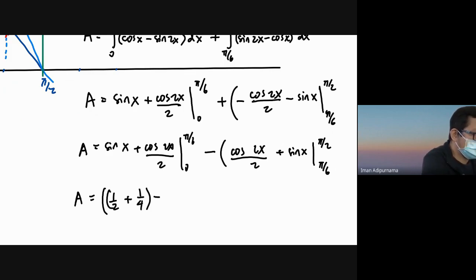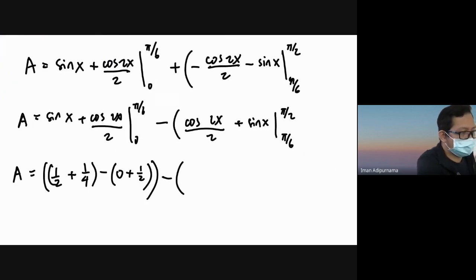And then minus, this is 0 plus half minus. Okay, my suggestion is if you have computations like this, using brackets is helping, okay, to differentiate the signs.